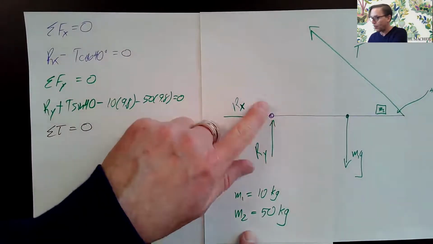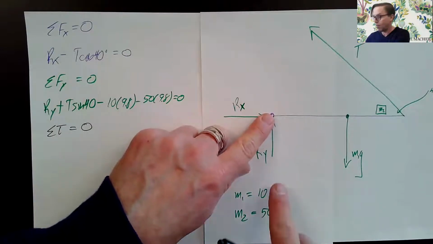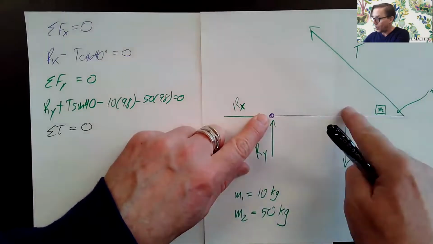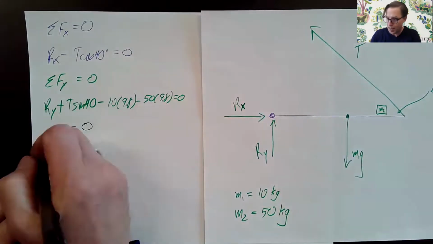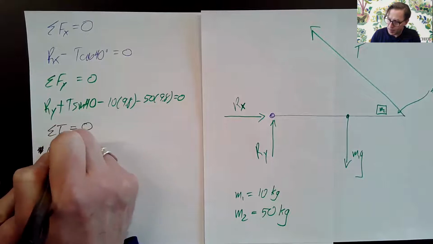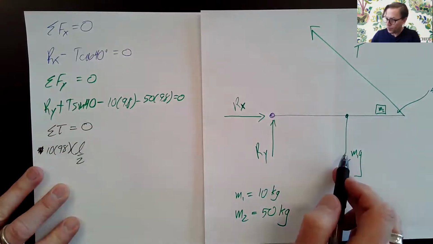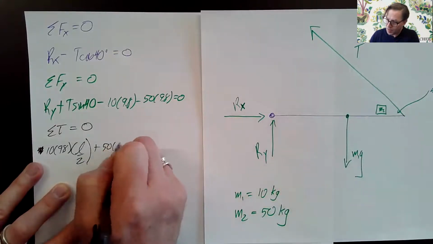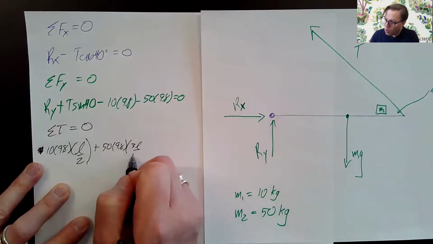About this point, the distance from the pivot point to where these forces act is 0. So I'm going to do this force times the distance, this force times the distance. m1 g is 10 times 9.8 times distance L over 2, plus 50 times 9.8 times the distance 3L over 4.